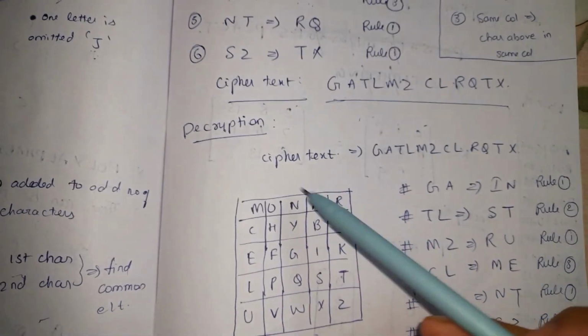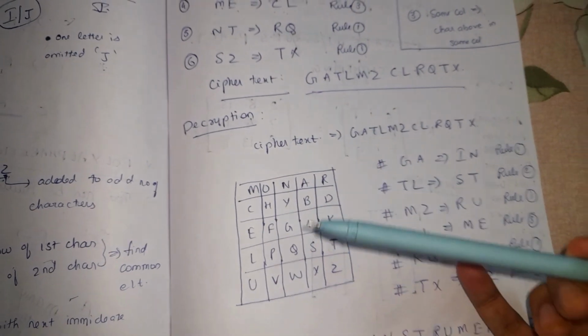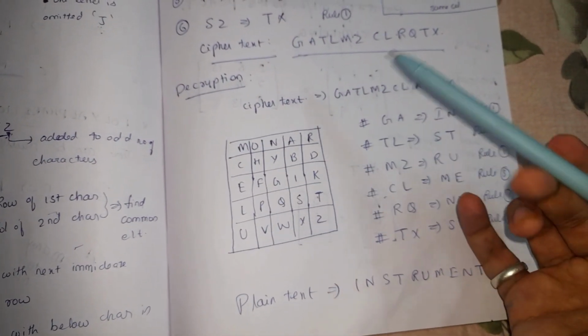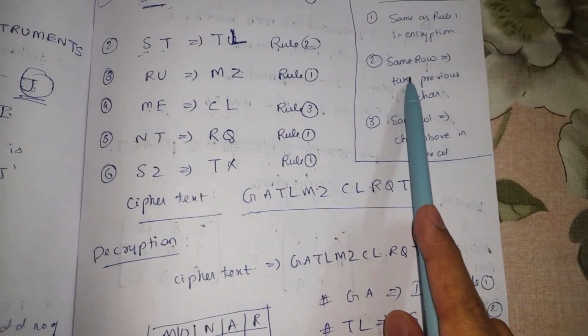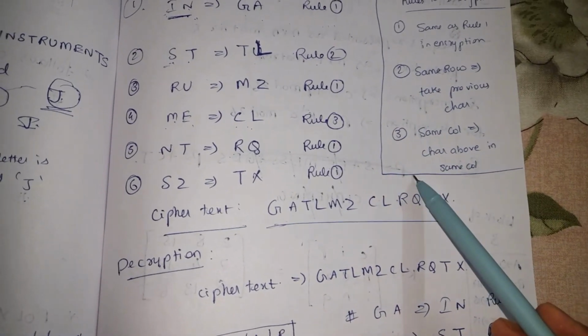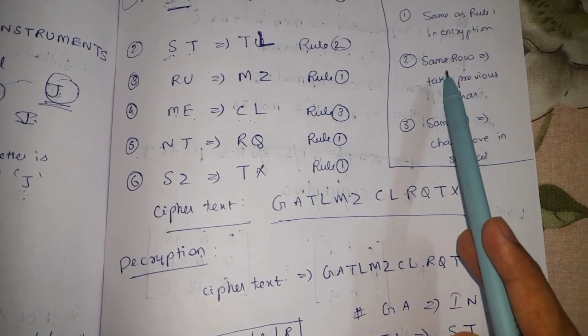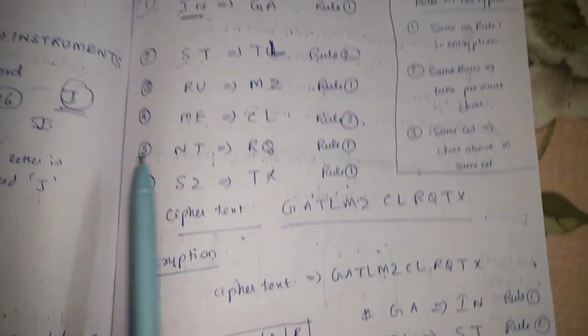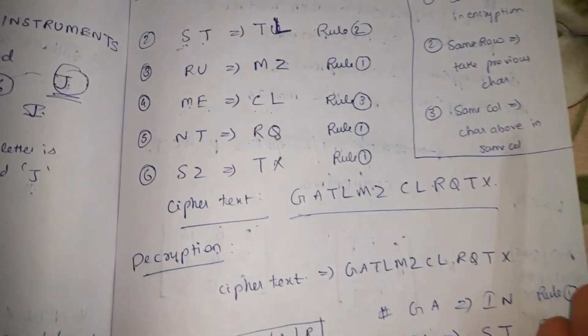The same goes for decryption. Decryption is exactly the reverse. The same rules are applied, but remember this: in decryption, if the characters lie in the same row, we need to take the previous character. In encryption, we took the next character.